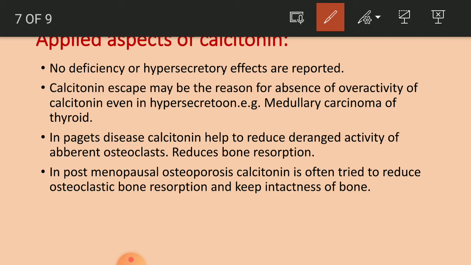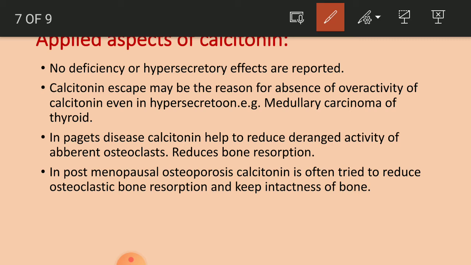I have already mentioned that there is a condition called Paget's disease. In Paget's disease, calcitonin has been tried with promising results. So, something about Paget's disease. In this disease, there is increased osteoclastic activity. I have already mentioned you.